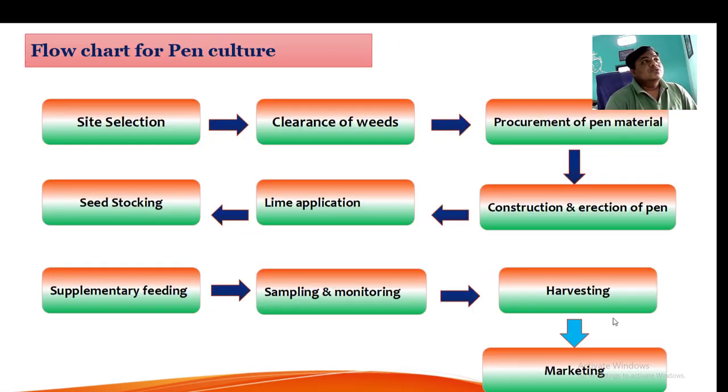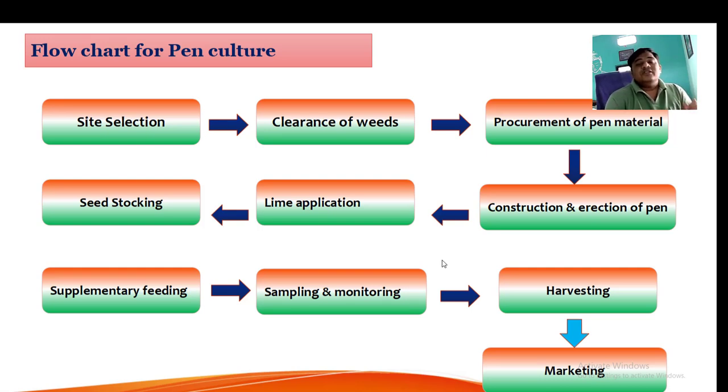Now the flow chart of pen culture. See here how we culture the fishes in the pens. First of all we have to select the site. A good site is very important for pen culture.